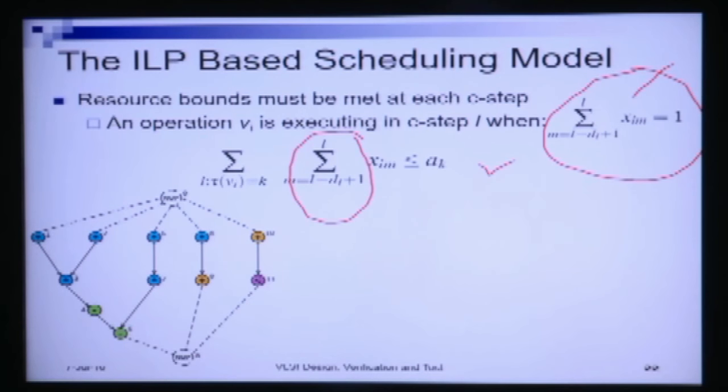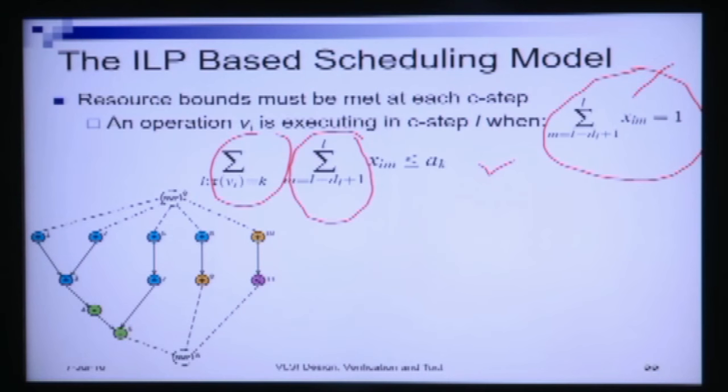Then what does this summation tell me? That for each type of resource, the total number of operations that can be concurrently operating at the current time step is limited by at most ak. This is what this resource constraint tells me.